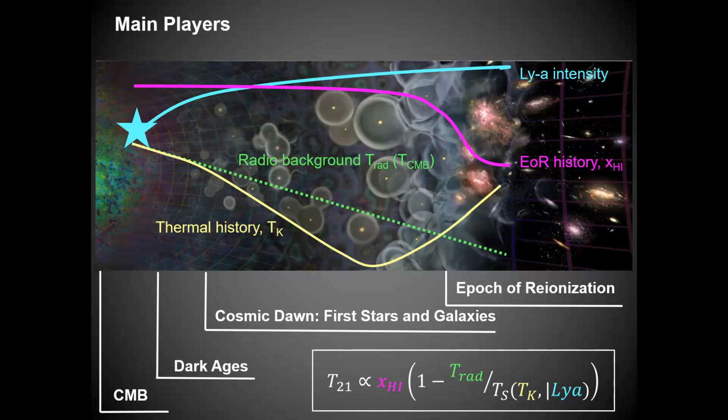And of course, if there are any weird phenomena, say dark matter, the universe is full of dark matter, and if dark matter annihilates or decays, or if it has weird quantum properties, that would also be manifested in deviations of this line. So say if dark matter interacts with gas so that gas cools down faster than shown here, we would see the 21 centimeter signal to be much deeper.